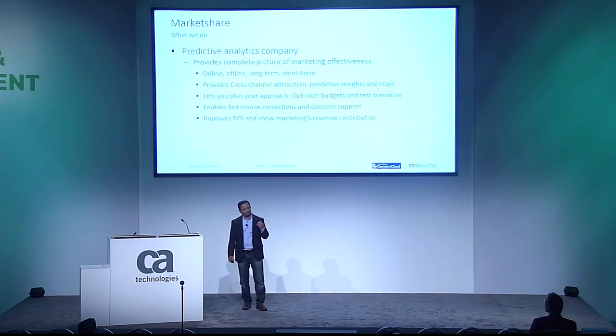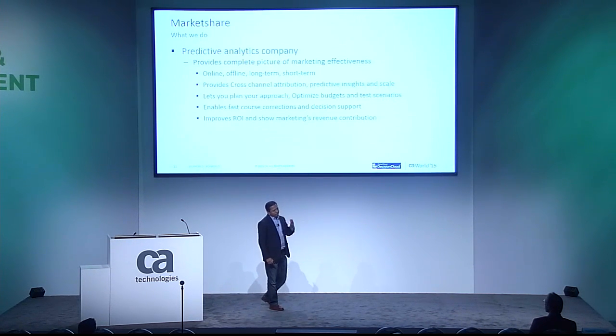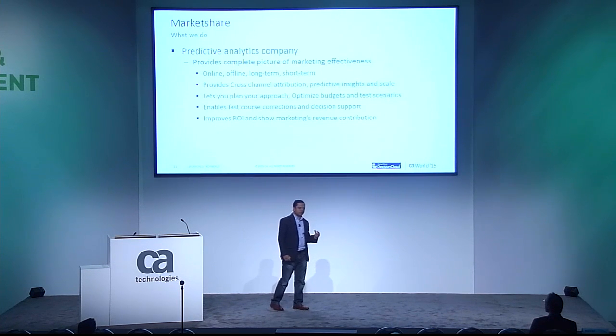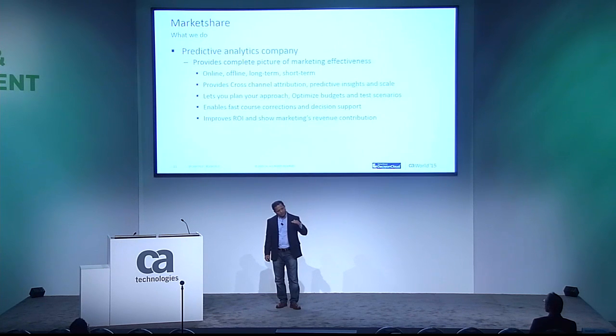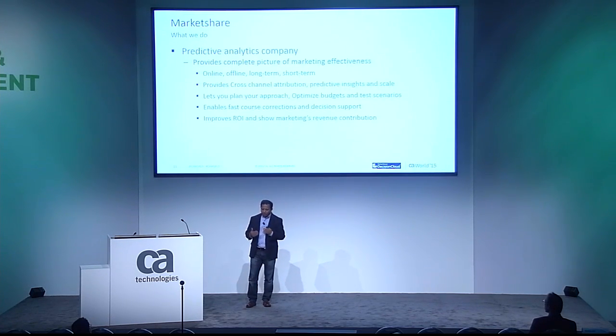We help our customers, the marketers, and we tell them how their advertising dollars are best spent. What part of their budget is bringing the best ROI, and how they can optimize the rest of the budget so that they can get the best bang for the buck.